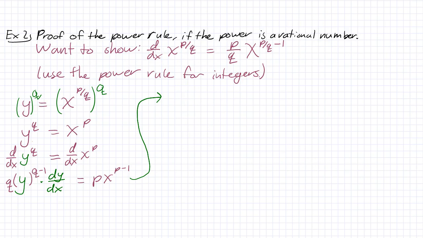So in order to do that, I'm just going to divide both sides by all of this stuff on the left and on the right. Okay, so that will make it cancel out on the left side, and on the right side, we'll just have this.